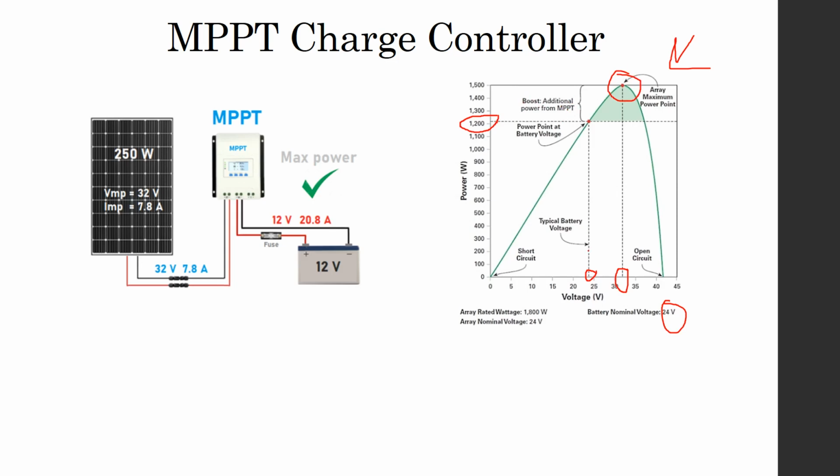Instead of making the PV panel voltage similar to the battery voltage, now we use the maximum power point tracking to change the PV voltage to a value different from the battery voltage by using the duty cycle. So in the end, the maximum power point tracking function changes the PV array voltage until we reach the maximum power.